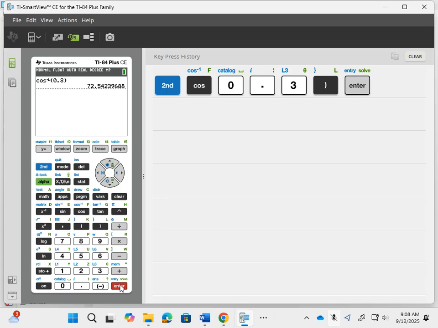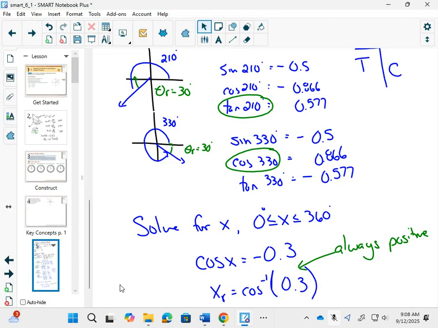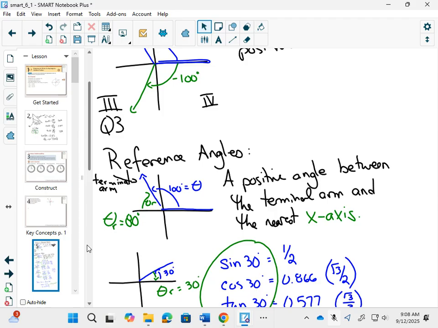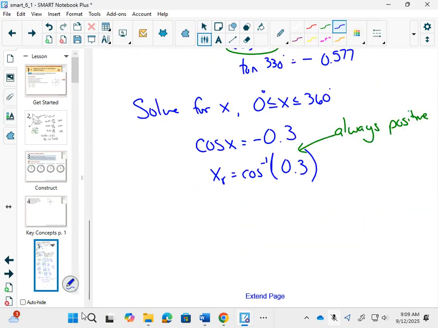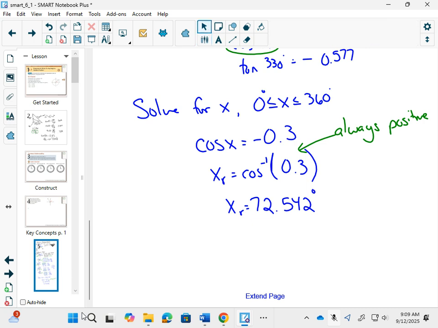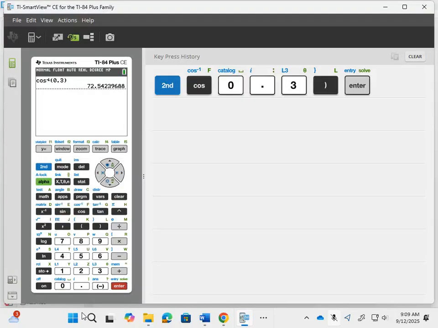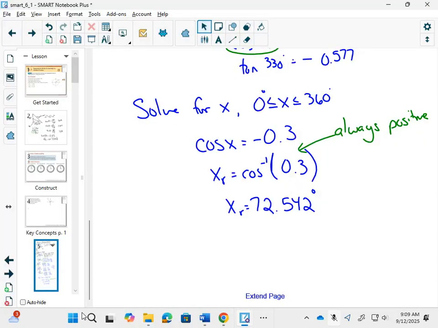Hey, this is good. I can introduce you to something else that's important this year. Did I get those decimals all right? Did I remember it? 72.542? Yes. When using your calculator, you're expected to have 3 decimal places all the time.